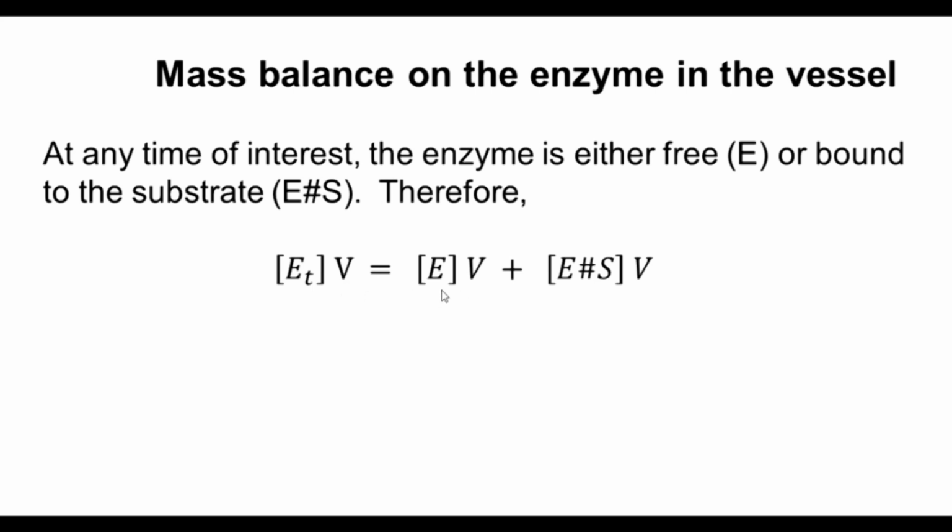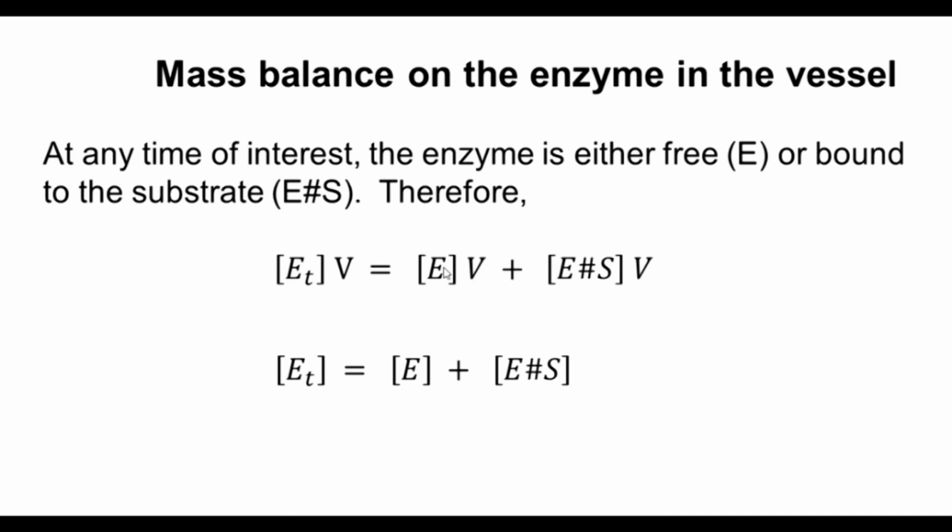The mass of the free enzyme is the concentration of the free enzyme times the volume, the same volume, plus the mass of the enzyme associated with the enzyme substrate complex, which is the concentration of the enzyme substrate complex times the volume. So this is just the mass balance. The masses can be equated, since the concentrations cannot be equated directly.